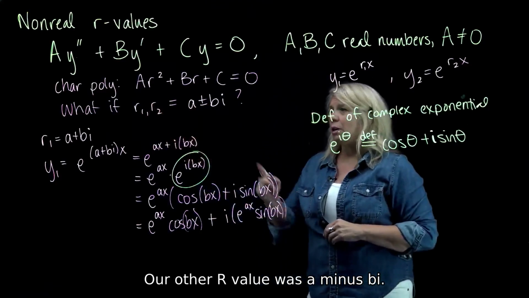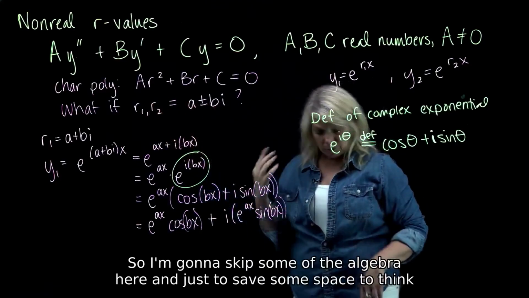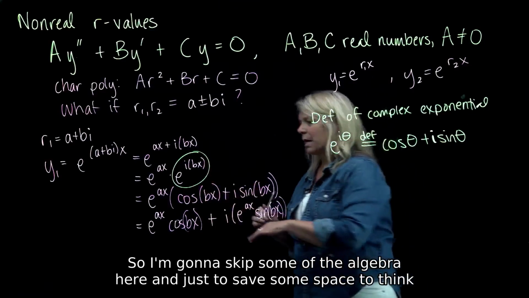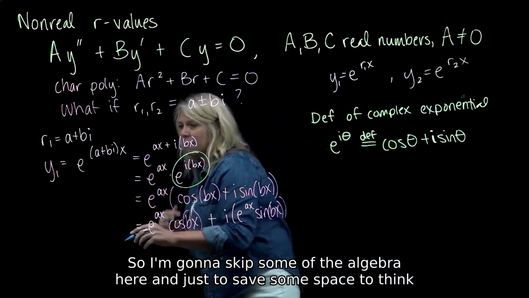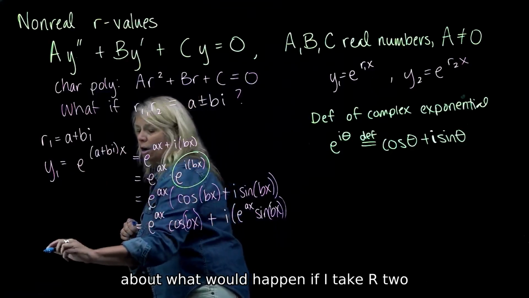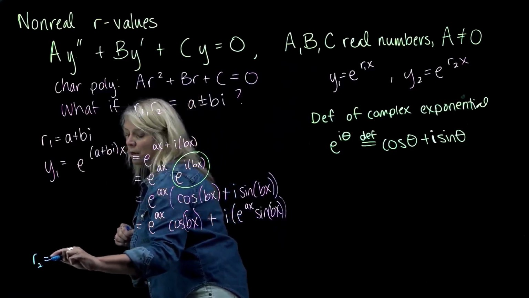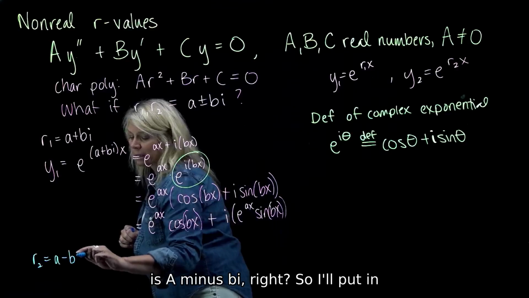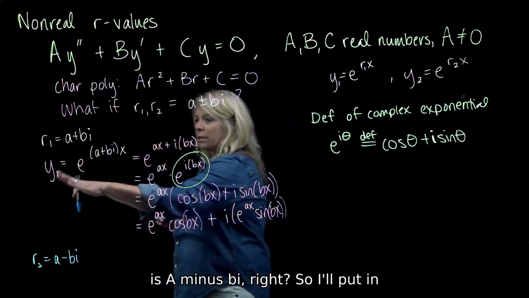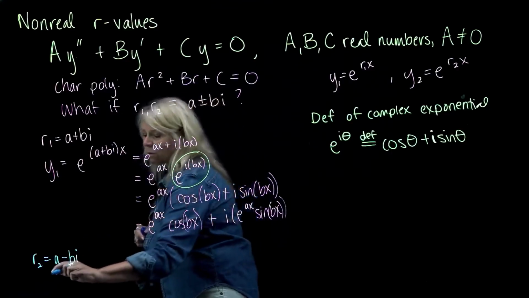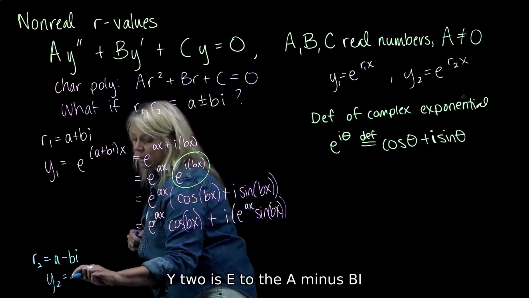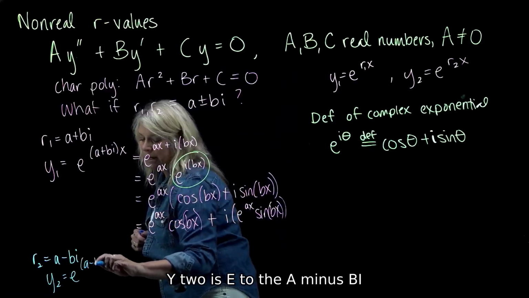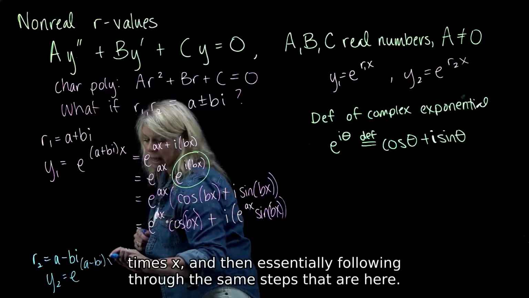Our other r value was a minus bi. So I'm going to skip some of the algebra here, just to save some space, to think about what would happen if I take r2 as a minus bi. Right, so I'll put in y2 is e to the a minus bi times x.